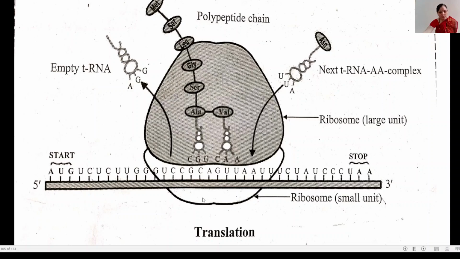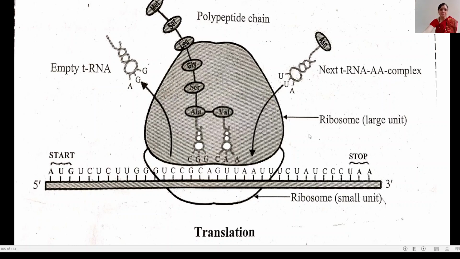The ribosome consists of two subunits, a smaller subunit and a larger subunit. The larger subunit consists of 3 sites, E site, P site and A site, and tRNA brings the anticodon. These anticodons are complementary to the codons present on the mRNA, and these anticodons and codons bind together by hydrogen bonds.